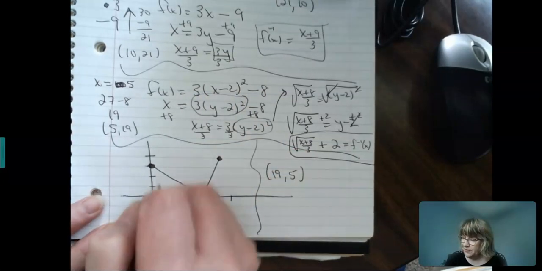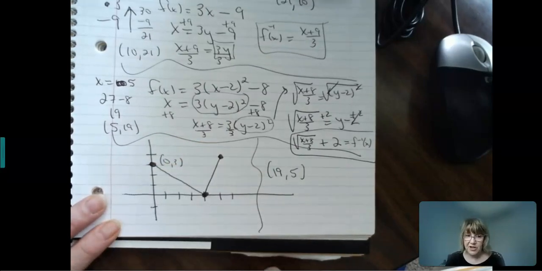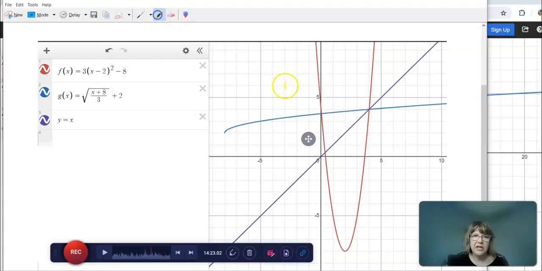You can do it on a graph too. Like if this is (0, 3), you know that the inverse function is going to be at (3, 0). And when you graph these, they're going to be symmetrical around y equals x. And I'll do that super quick on Desmos. All right, here's a graph on Desmos. Now, one thing you have to notice is a parabola is not one-to-one, okay? So what we do is we limit the domain.